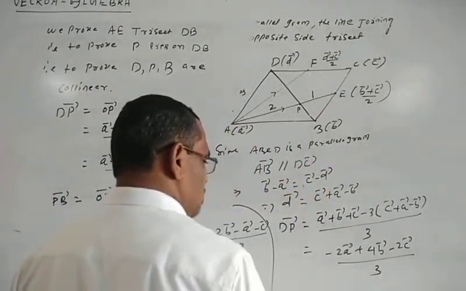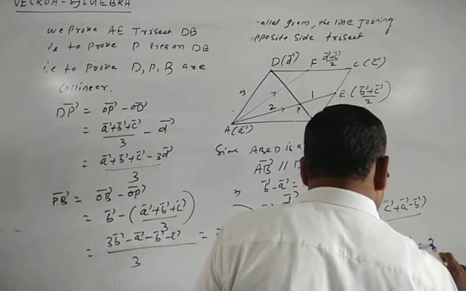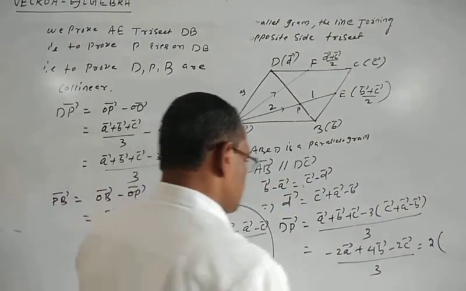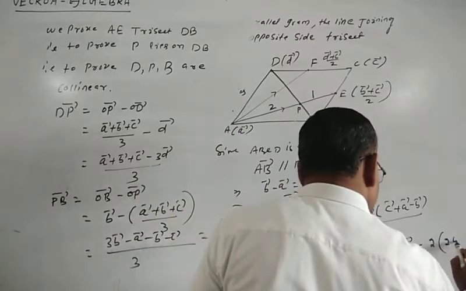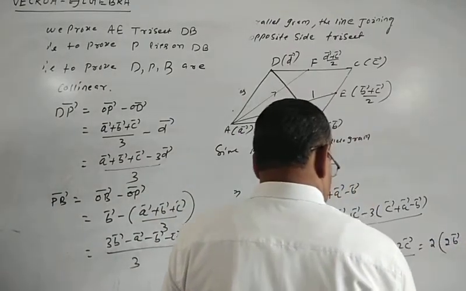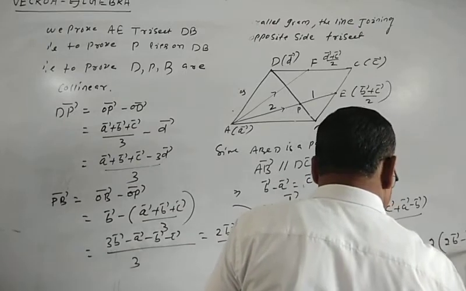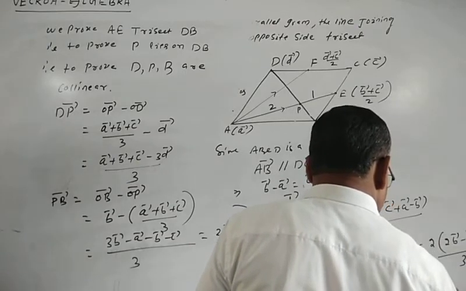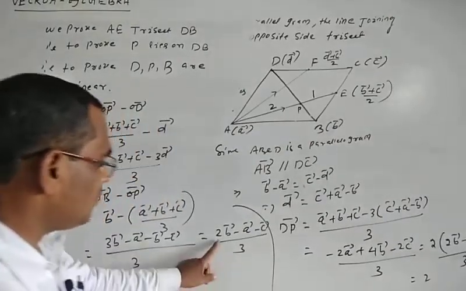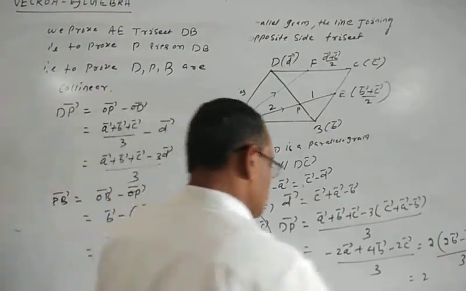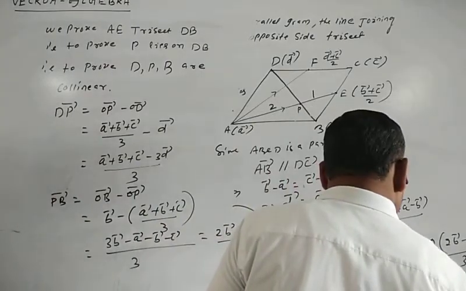Okay, taking 2 as common, this is equal to 2 times 2B vector minus C vector minus A vector, by 3, which is equal to the PB vector.